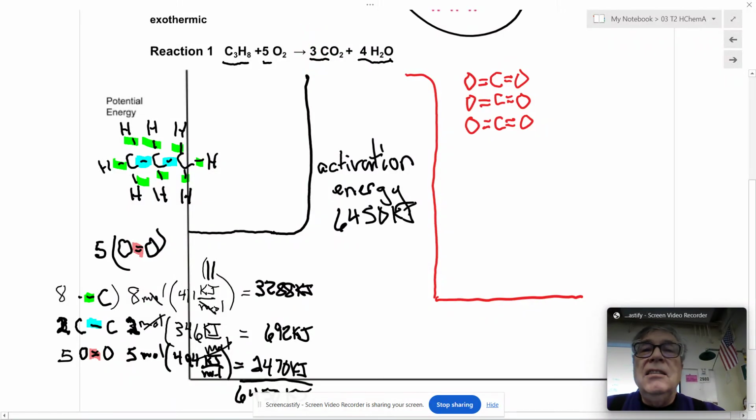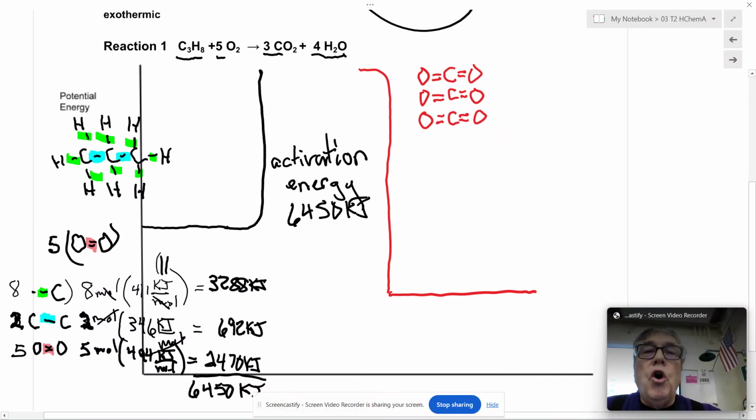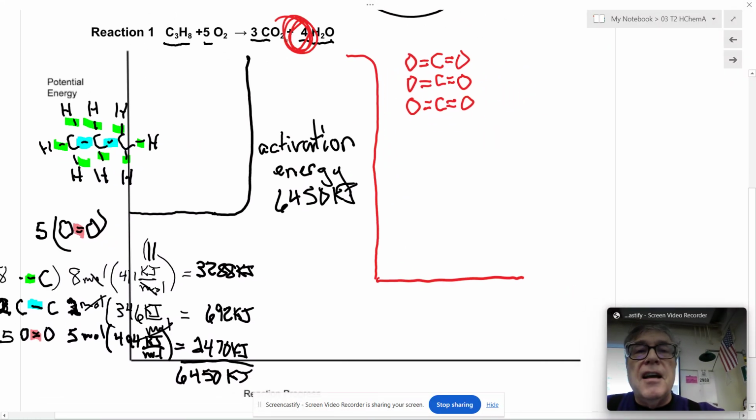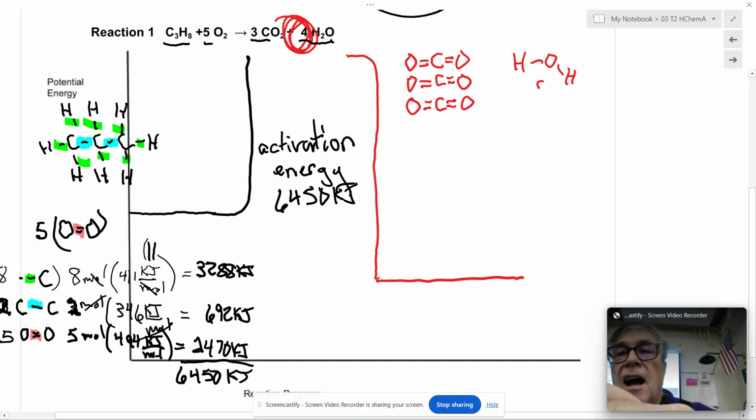And we're going to draw 4 waters because this coefficient tells us there are 4 waters. That's hydrogen, oxygen, hydrogen, hydrogen, oxygen, hydrogen, 4 times.